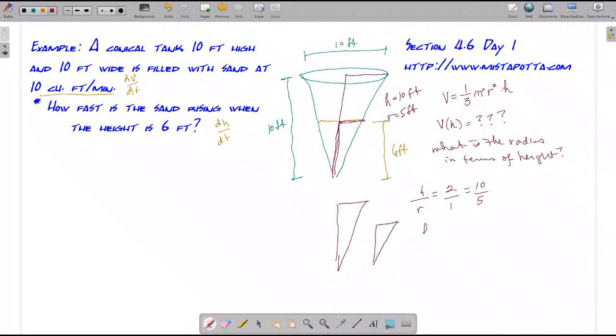And so my height is always going to be 2 times whatever my radius is. And this is the key. My constraint, if you want to think of that.